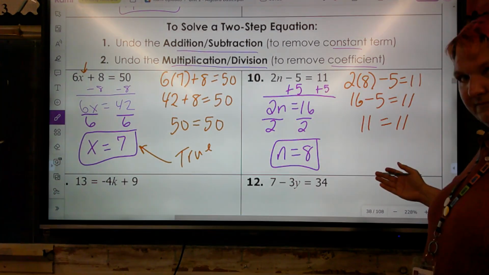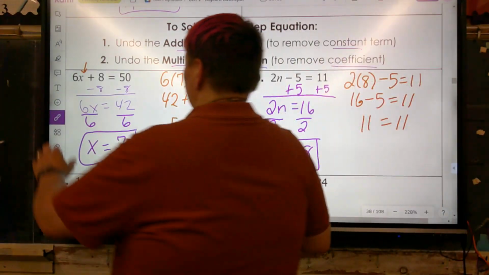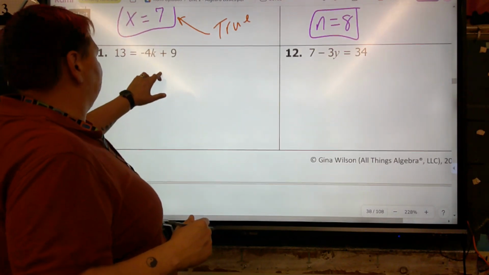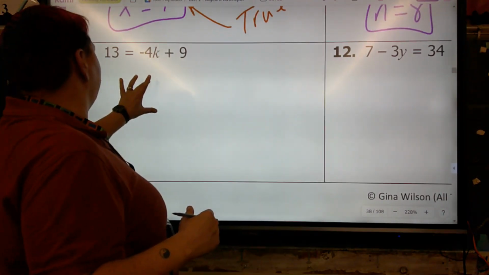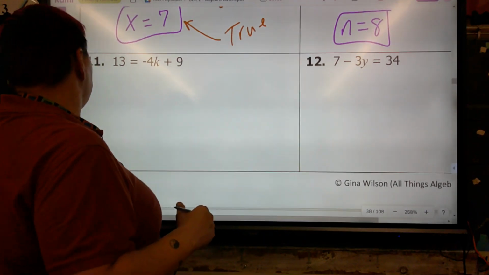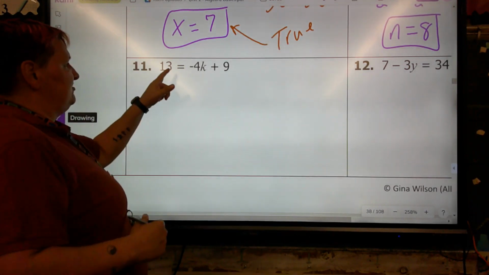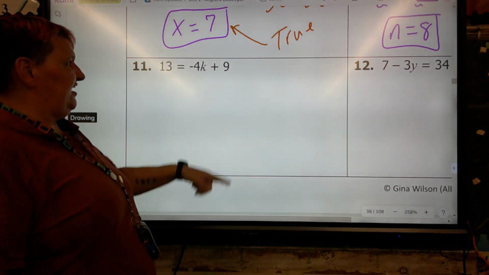It's true. Let's do one wrong so you can see what that would look like if we tried to prove it. Alright, so we have 13 equals negative 4 times k plus 9.